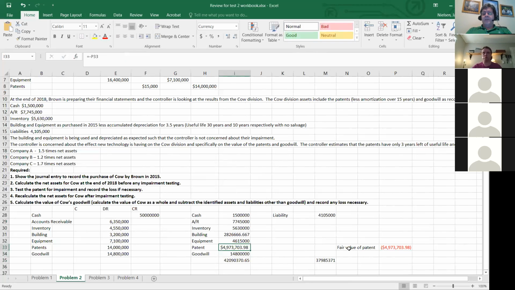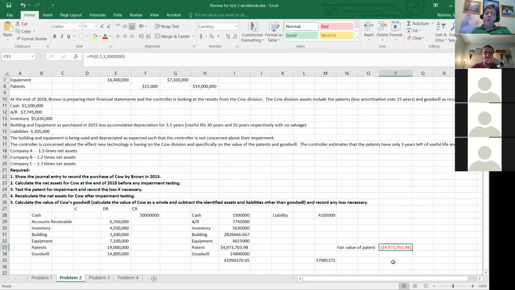Can you repeat that again for me? Okay, absolutely. So the carrying amount for the patent was 10,007,333, right? We calculated its value as being 4.9, just under $5 million.